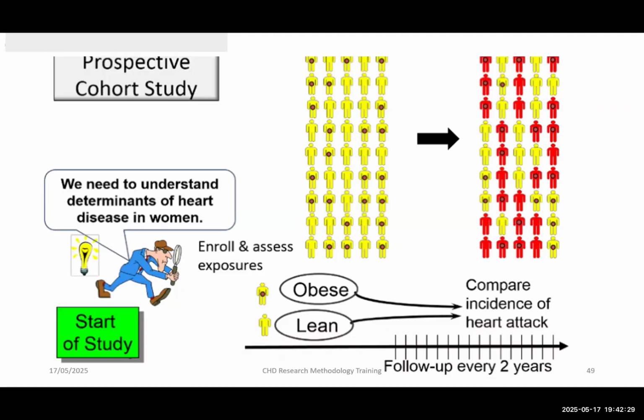When you calculate the incidence among those who were obese and divide by the incidence among those who were lean, that will give you the relative risk, which is interpreted like in the cohort study. So for a prospective cohort, at the beginning of the study, the disease has not occurred. It's just the exposure of interest.